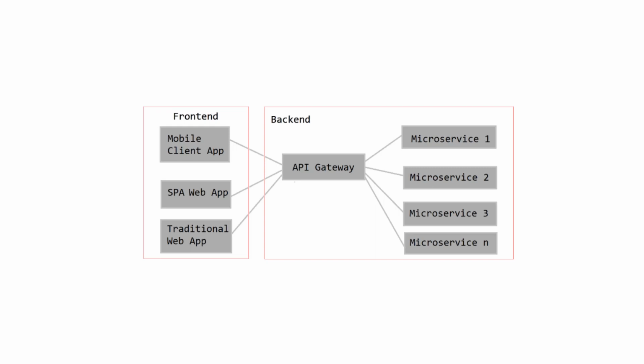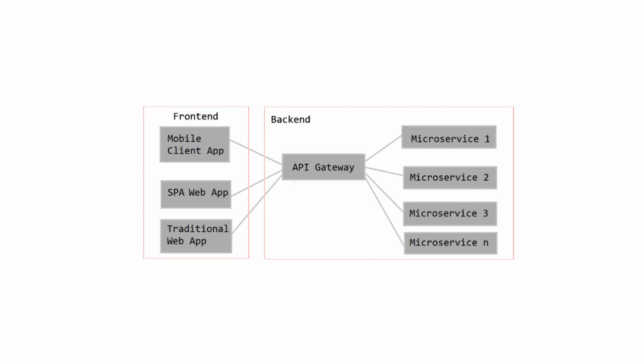So all the client applications, be it a mobile client application or a single page application, send a request to the API gateway, and the API gateway now takes the responsibility to query one or more microservices, aggregates the data and sends it back to the client. Instead of writing this responsibility in each and every client application, you can just move it to the API gateway.